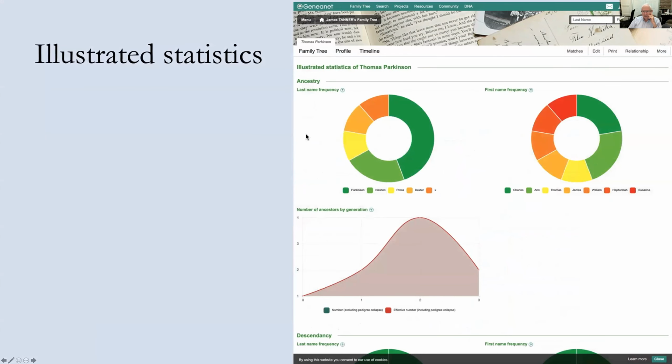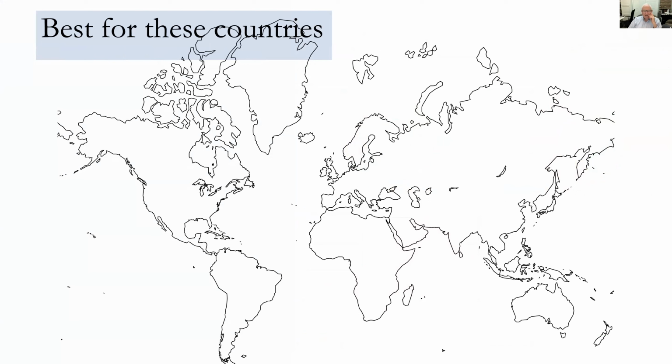I have illustrated statistics, which are pretty interesting. It's best, of course, for France, but it's interesting that it has a lot of French Empire records. So it's got French records in Africa, Canadian French records, and United States records, and a few records from Ireland and the British Isles.